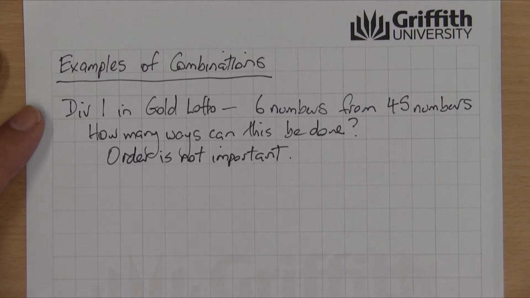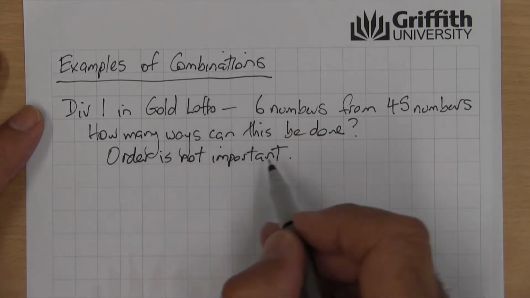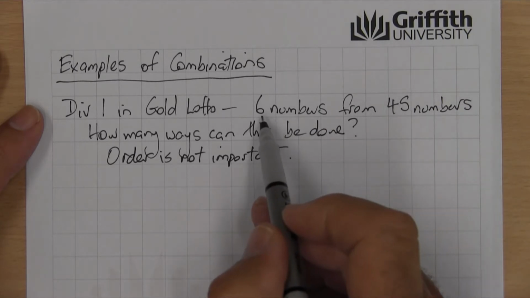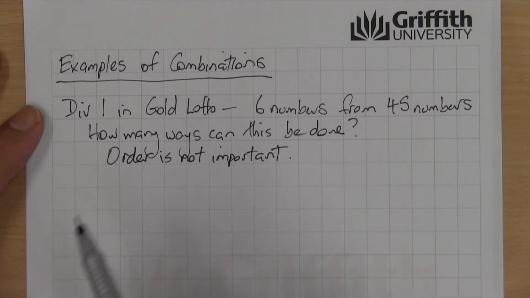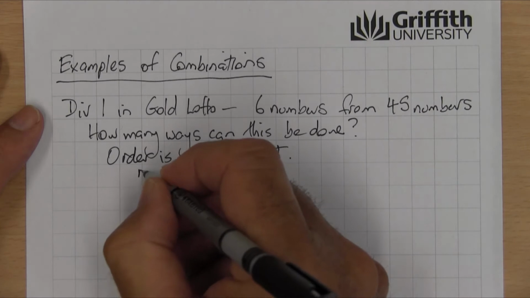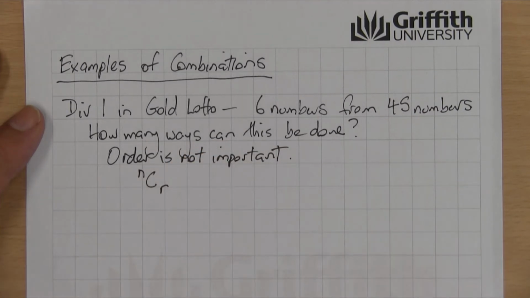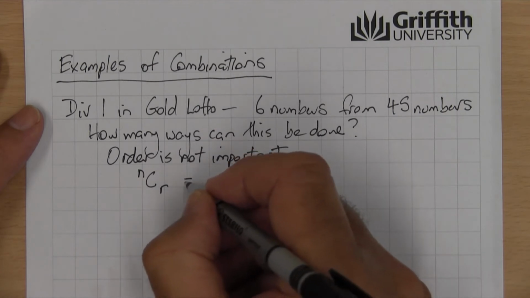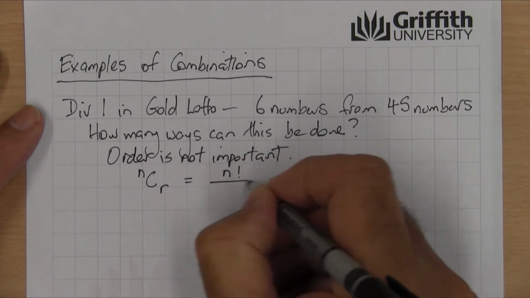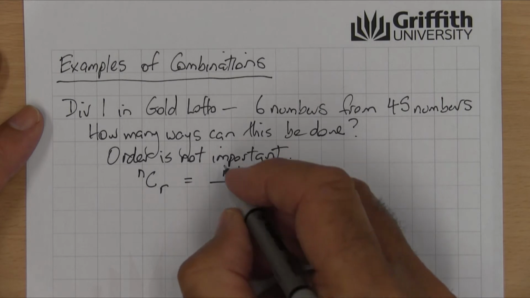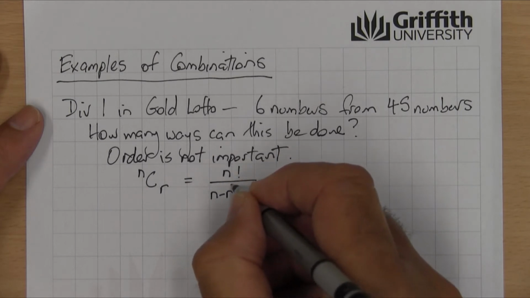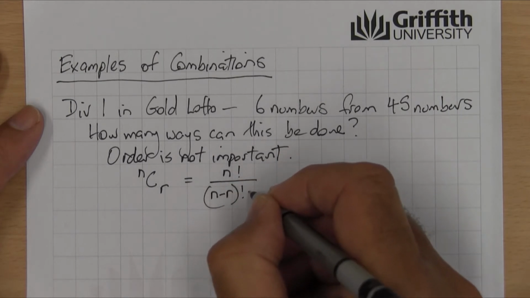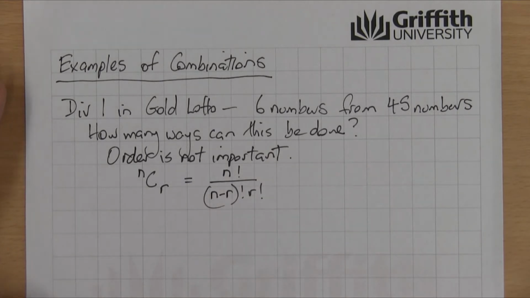Okay, so because order is not important and we're going to pick 6 from 45, it looks like it's going to be an nCr, not an nPr. So nCr equals n factorial over n minus r factorial times r factorial. Or we can put the r factorial first, doesn't matter.